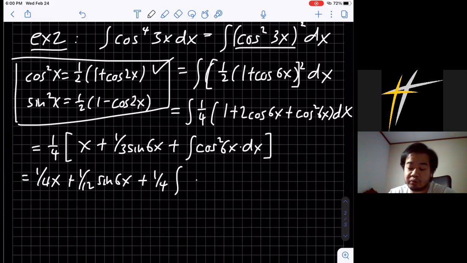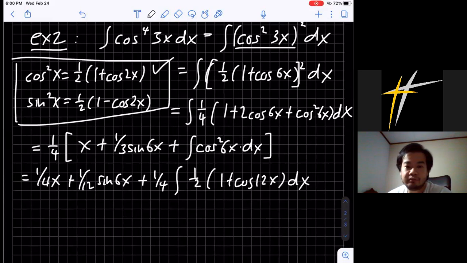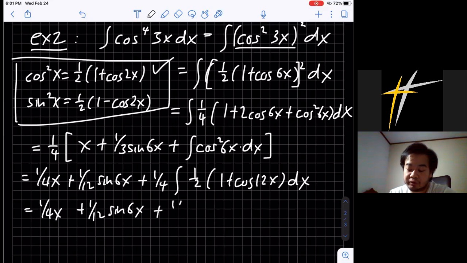Use the same formula, so it's half times 1 plus cosine 12x dx. So it's equal to 1 over 4 x plus 1 over 12 sine 6x plus 1 over 8 x plus 1 over 96 sine 12x.